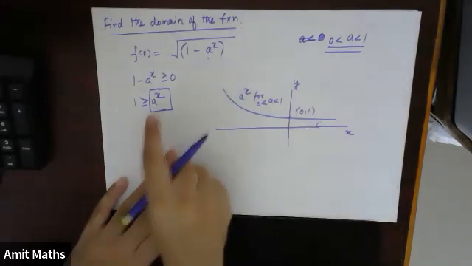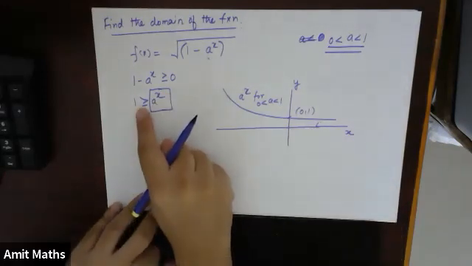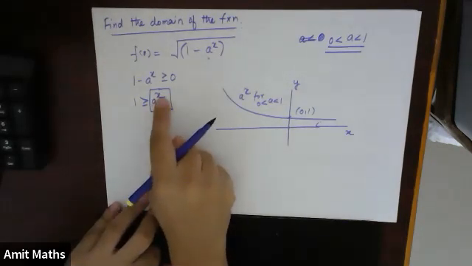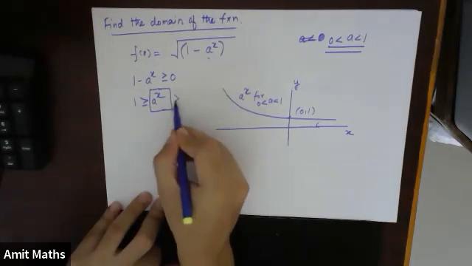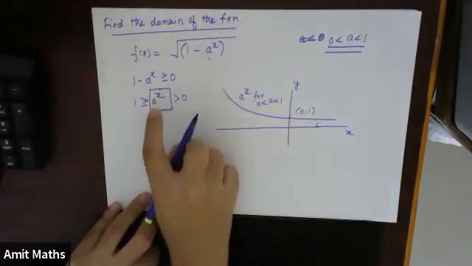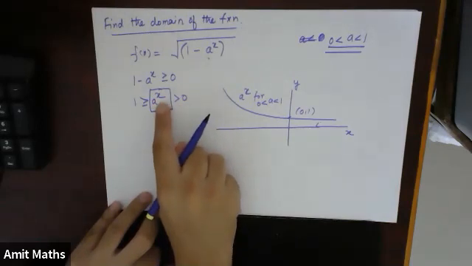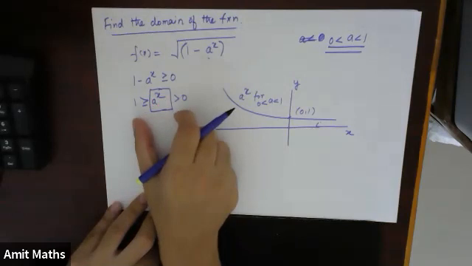That means a to the power x should be less than or equal to 1. And a to the power x, I already know, is always greater than 0. Then I just have to find the values of x for which this condition is satisfied.